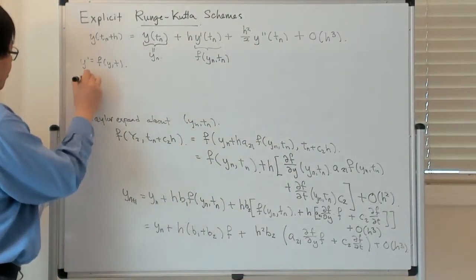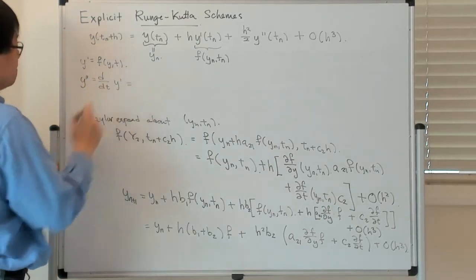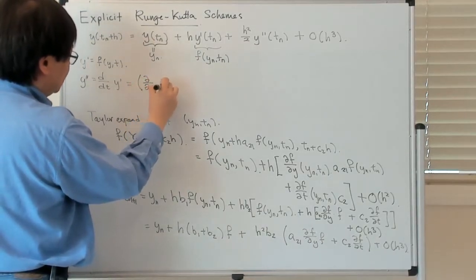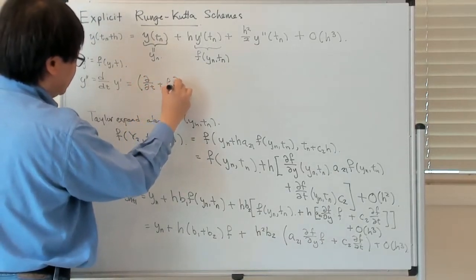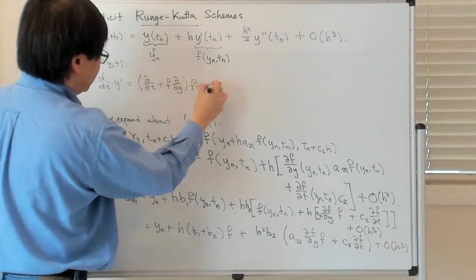So y double prime is nothing more than the total time derivative of y prime. That is equal to the partial derivative with respect to t, plus f times the partial derivative with respect to y, applied to f of y and t.